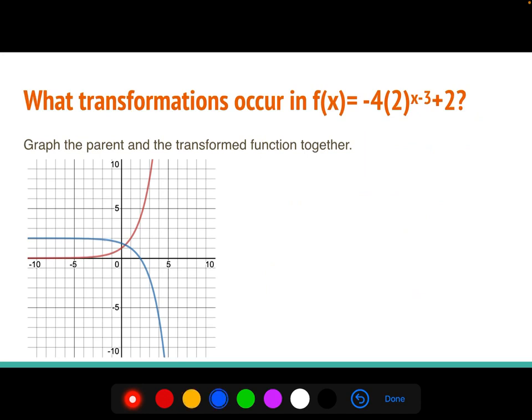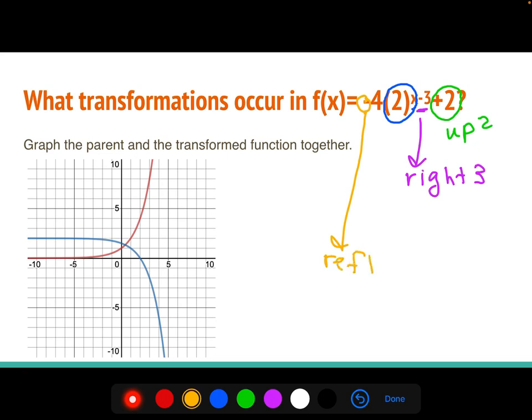All right, let's see if we can figure out these ones. So negative 4 times 2 to the x minus 3 plus 2. So I got to find the parent function. 2 to the x is the parent function. So the base is 2, x is the exponent. Now let's start tearing it apart. At the end is an up 2, in the exponent, right 3.